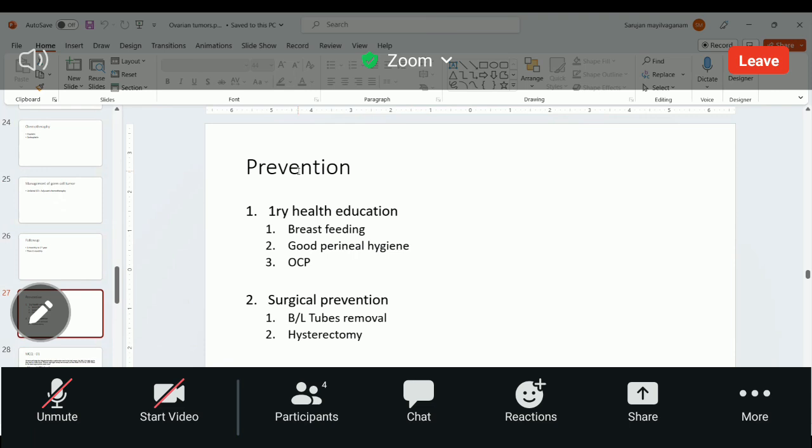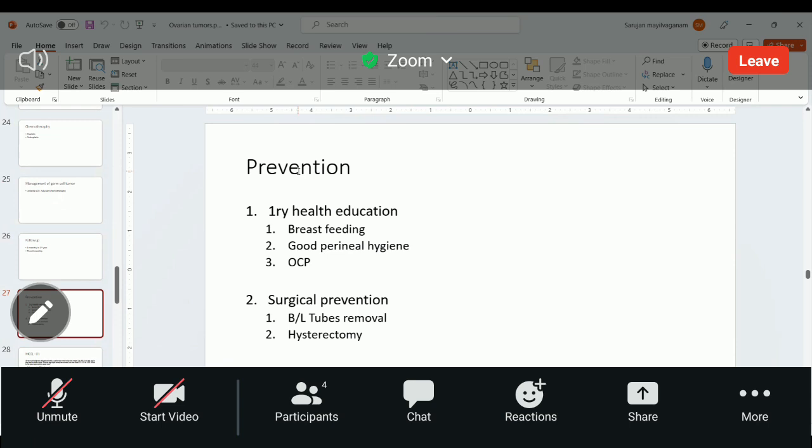Surgically also we can prevent. How is this done? If there's a family history, we have to investigate the family members, the girls. If positive for BRCA1 and 2, we can go for surgical prevention by removing the bilateral tubes.